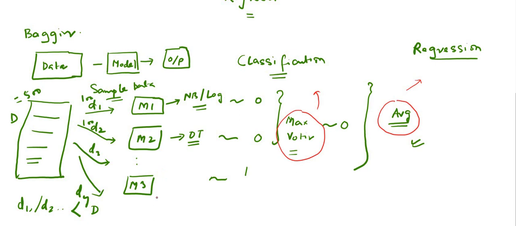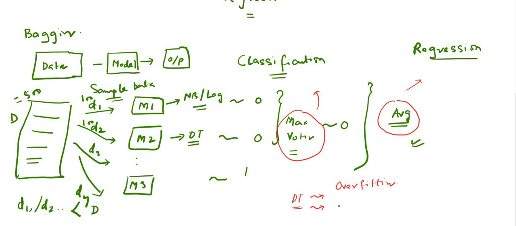And why are we doing this? Because each of these decision trees has some limitations, right? What are the limitations? It can overfit. So overfitting is a problem. We can eliminate that overfitting chance, because now we have multiple models, and from that we select whatever result is coming.